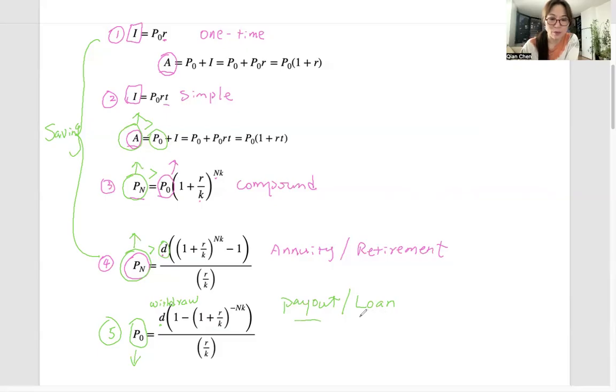Another way of using it is for loans: mortgage loans, car loans, student loans. In that scenario, you owe this much money in the beginning, or you loan this amount of money in the beginning. And maybe every month, every 2 weeks, or every week you pay back, right?